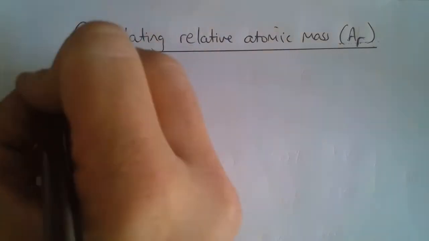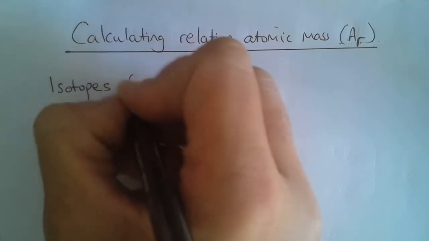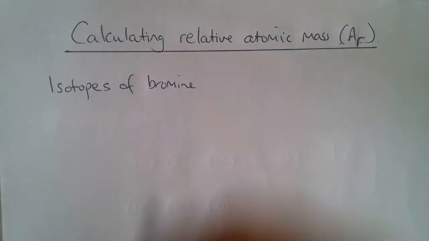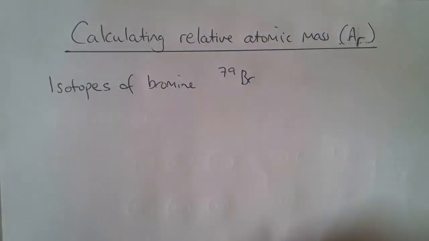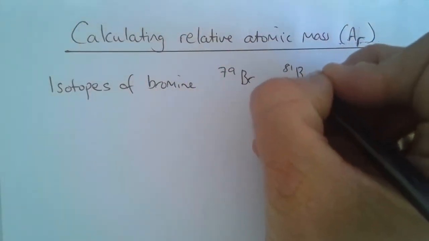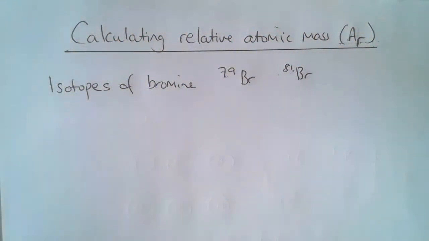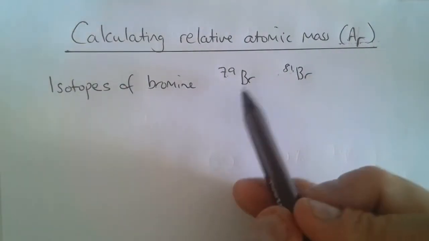So let's think about what we mean by some of these terms. The two most common isotopes of bromine are bromine 79 and bromine 81. You won't find these as the mass numbers on your periodic table because we've got an average mass, and I'll explain that in a moment.